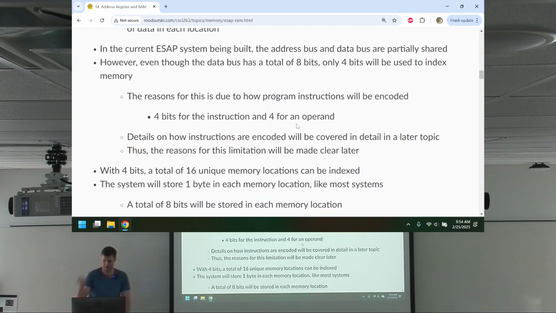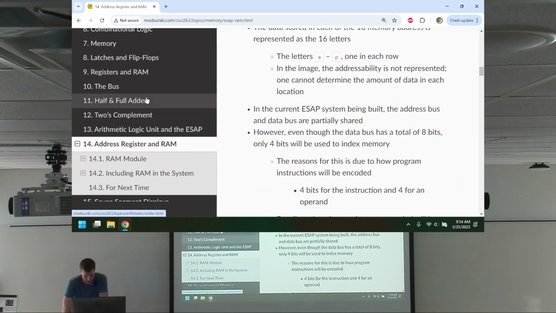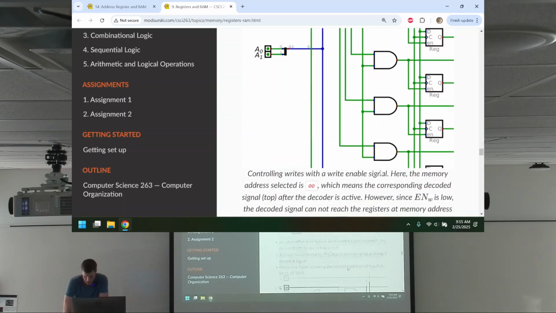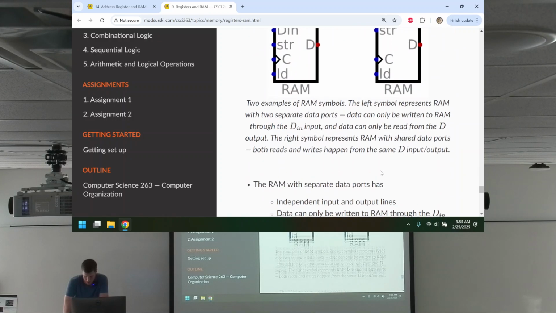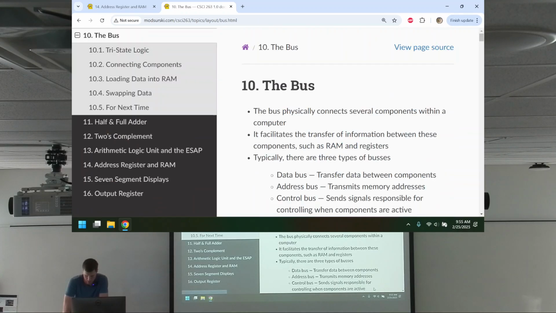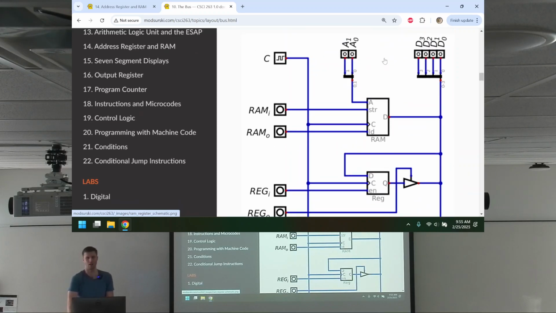In the current ESAP system being built, the address bus and the data bus are going to be shared. Let me go back real quick here. Remember, this is what I called the address bus, and this was the data bus.